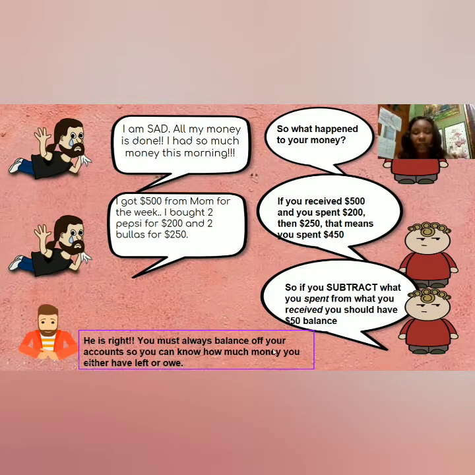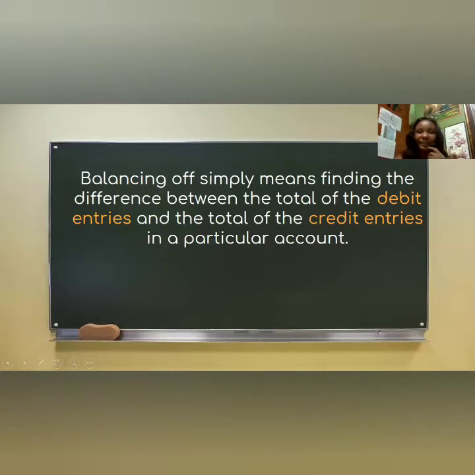You must always balance off your accounts so you can know how much money you either have left or owe. Did you enjoy the scenario? Did you learn anything from this scenario? It's basically telling you why you need to balance off so you can have an idea of how much money is in a particular account, either as an asset or a liability.